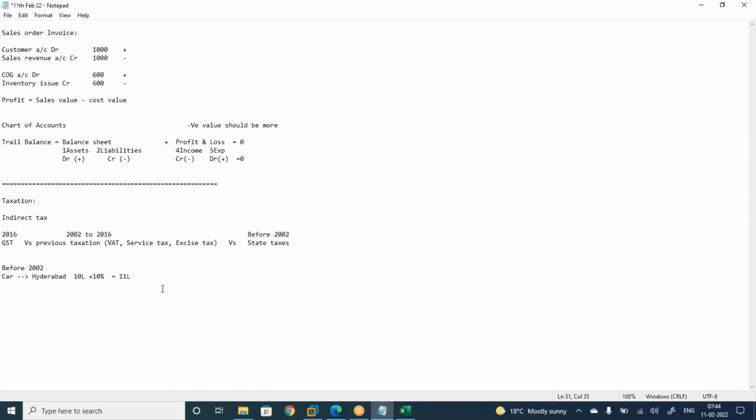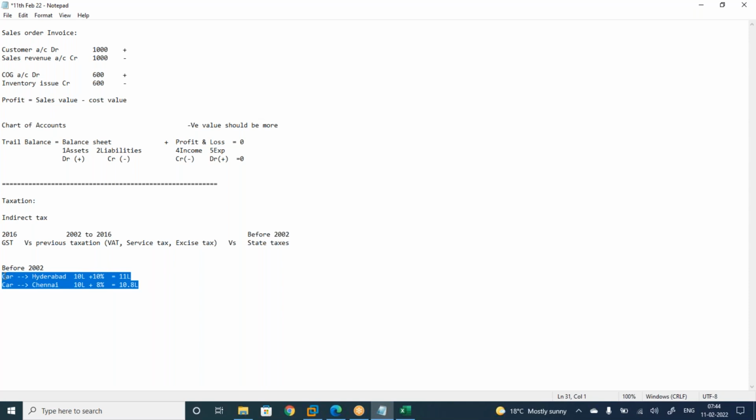The same car, if I purchase it in Chennai, suppose they are charging 8%, then it will be 10.8 lakhs. So why is this difference there?